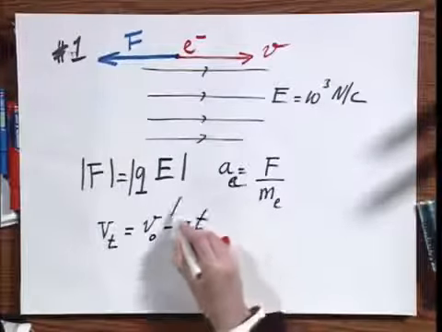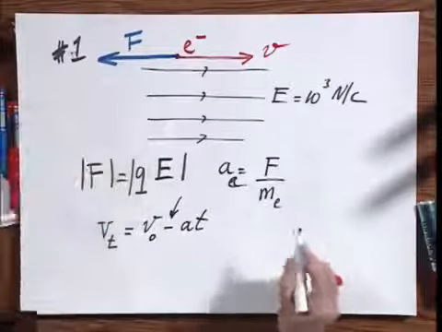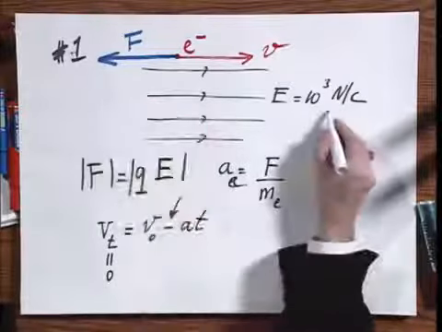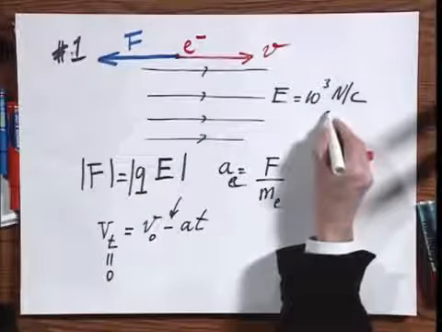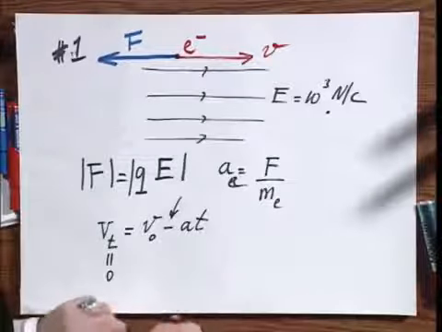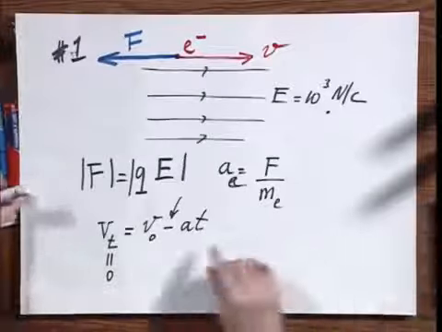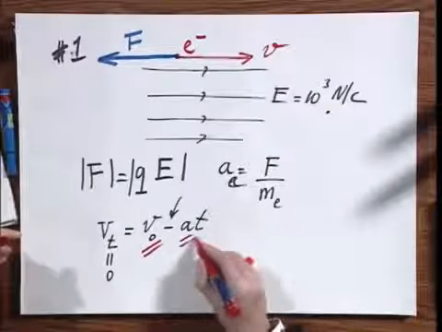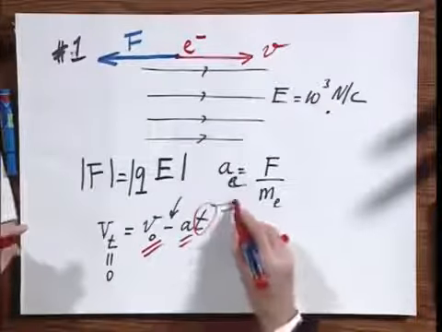This minus takes already into account that it is a deceleration. And you want this to be 0 if you want to know when it stands still and where it stands still. And so you have one equation with one unknown, because you know V0, that's given. And you know A, you just calculated that, so out pops T.